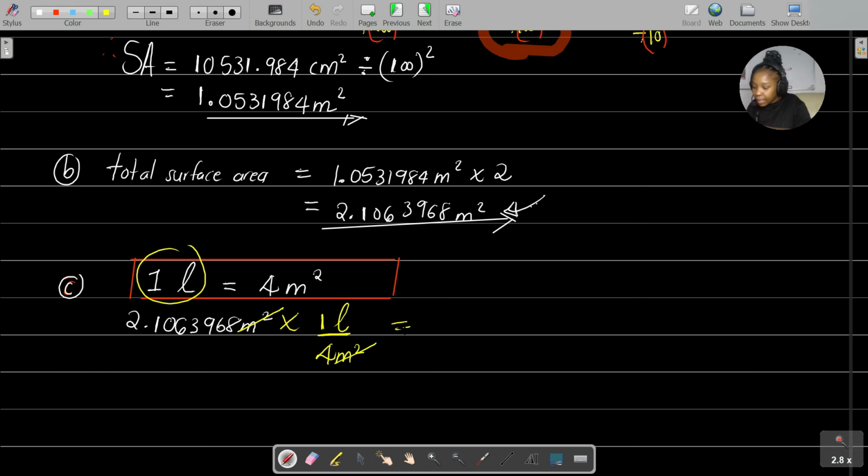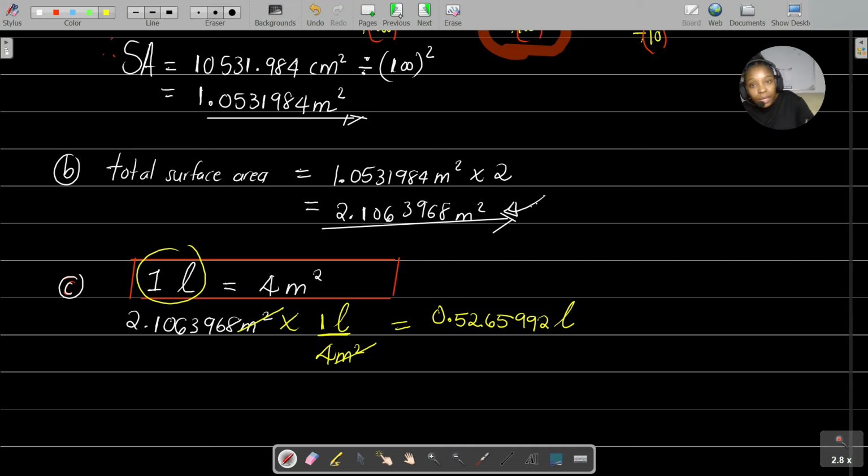This is the same as taking 2.10636968 times 1/4, or just dividing by 4, which gives us 0.5265992 liters of paint. That basically means we need half a liter of paint to paint this cylindrical tank with 2 layers of paint.